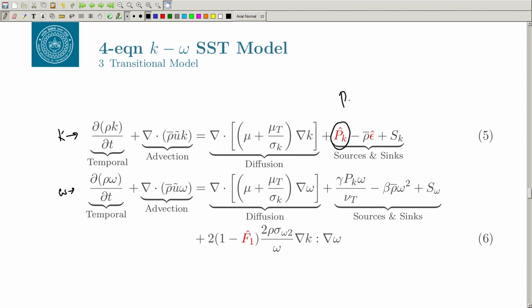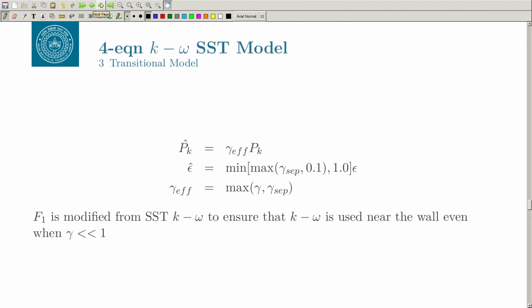Earlier it was Pk, now you have made it Pk tilde, and then this is the epsilon term, the dissipation rate, which also has been modified. Finally you have a blending term, F1, which has also been modified slightly here. Other terms remain the same, but there are certain terms which have been modified. So let us look at the modifications of these terms.